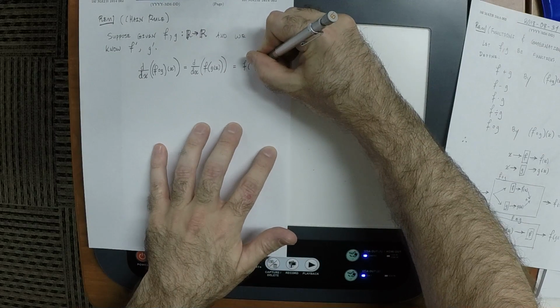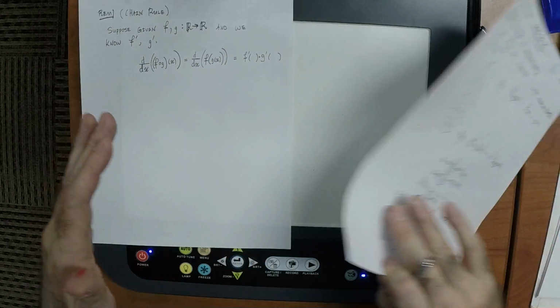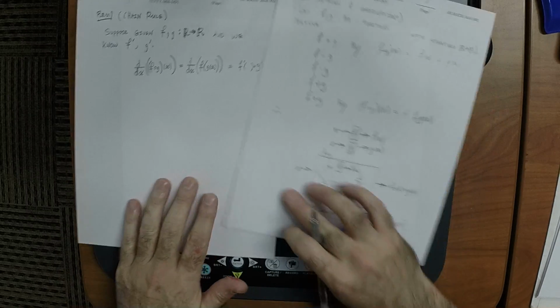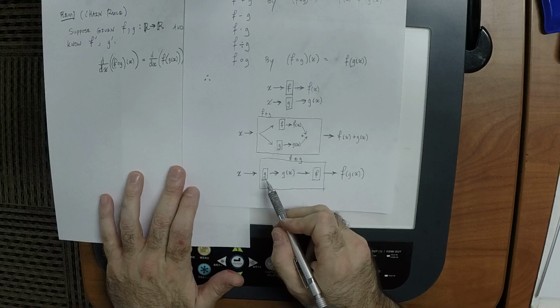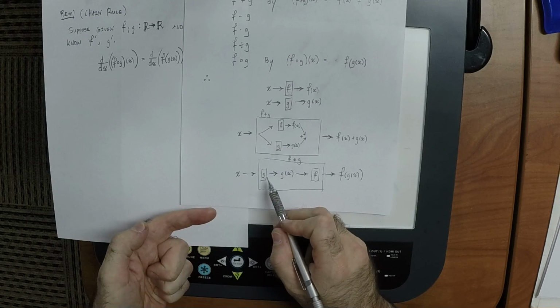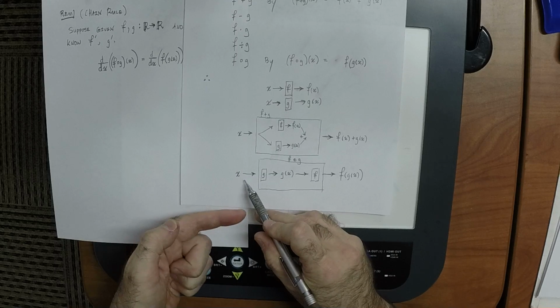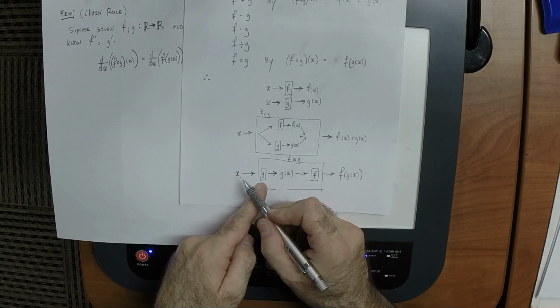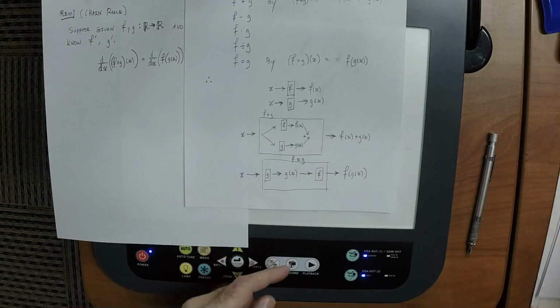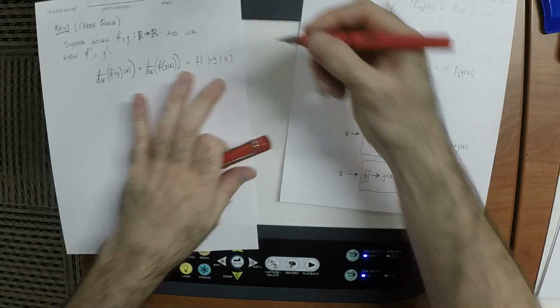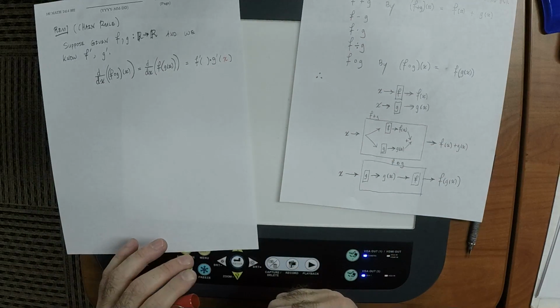You multiply them, and the final thing you have to ask yourself is where each of those derivatives is supposed to be evaluated. Well, have a look at the machine. Where is G evaluated? At what is the input? It's evaluated at X, right? So you have to take G's derivative and evaluate it at X. Does that mean we should also evaluate F's derivative at X?